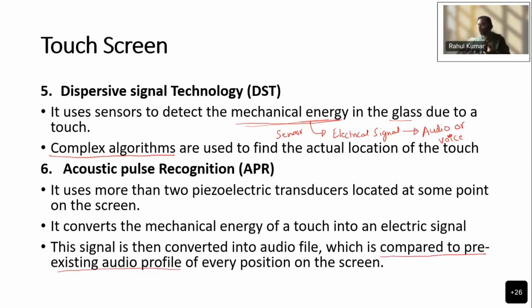So you can store the sound by pressing different locations on that screen. You can store those sounds, and then later on you can compare whatever sound or audio is being produced with the pre-recorded sounds to find the location of the touch.